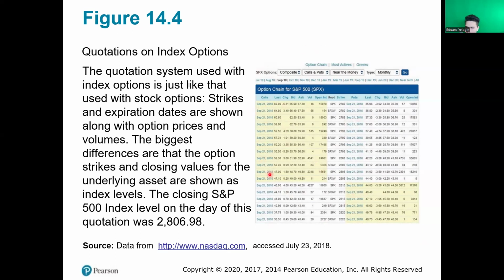For example, the closing level of the S&P 500 on this day was 2,800. So the strikes you see, 2,780, 2,790, and 2,800, etc., represent index levels, not stock prices. Each point is worth $100 per contract. So a move from 2800 to 2810 means a $1,000 change in the value per contract.